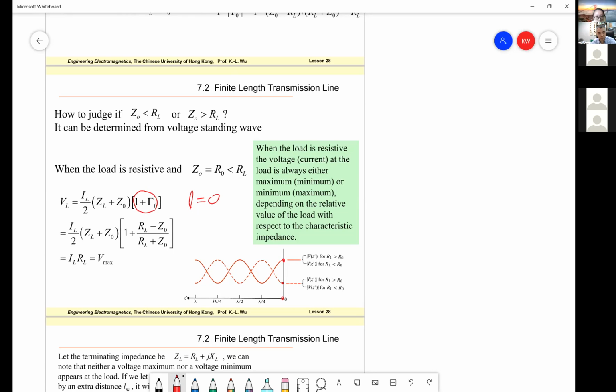This is a very important conclusion, okay? Voltage maximum and voltage minimum only occur when the load impedance Z is real.